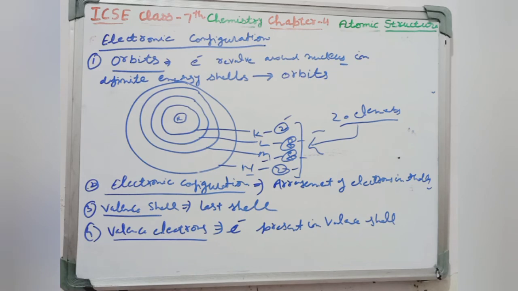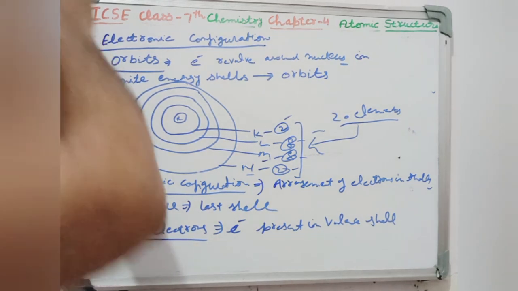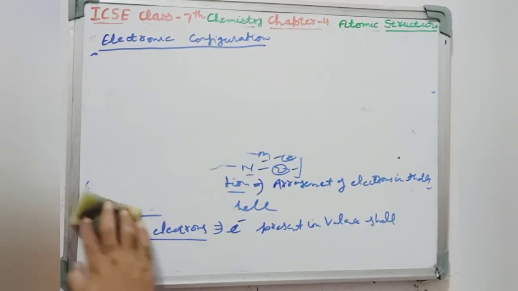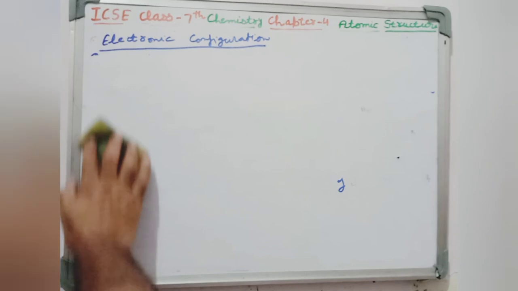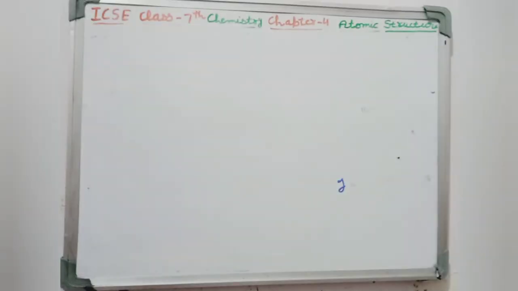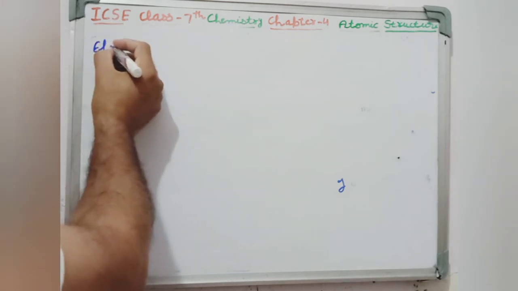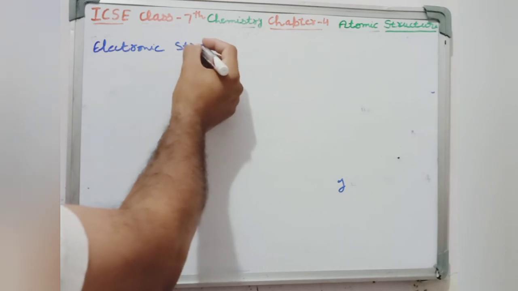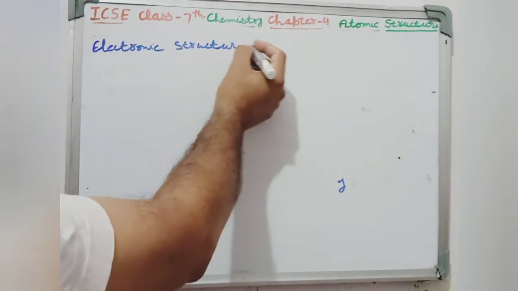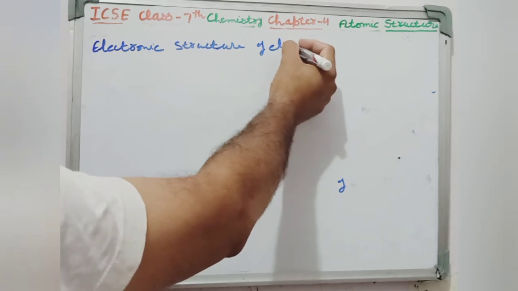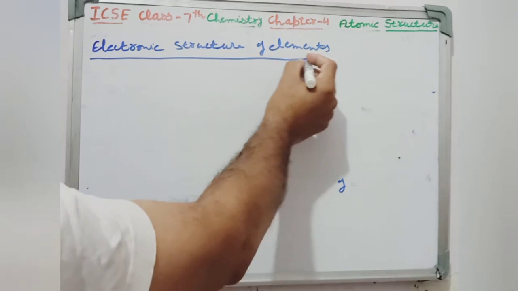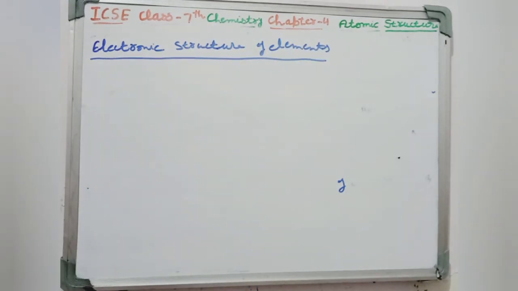Now, these were the basic terms. Now the electronic structure of elements. What is this?